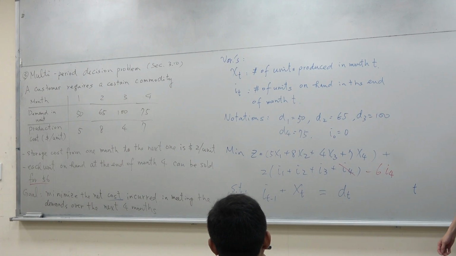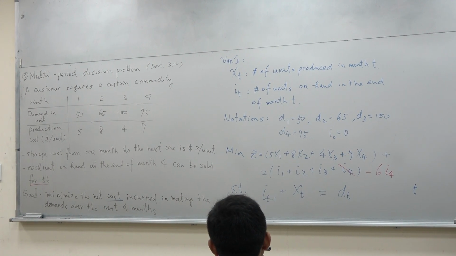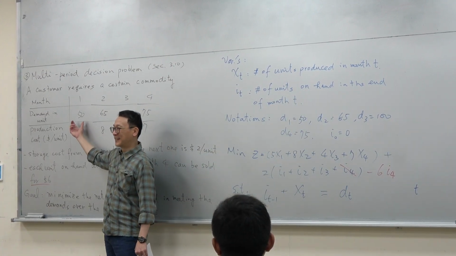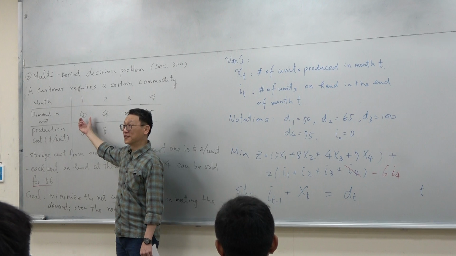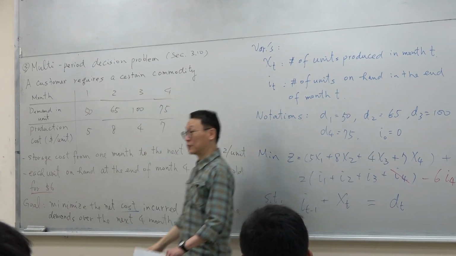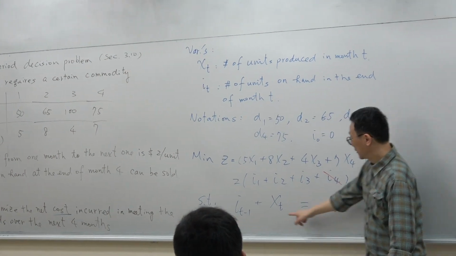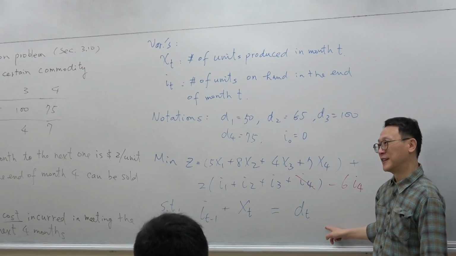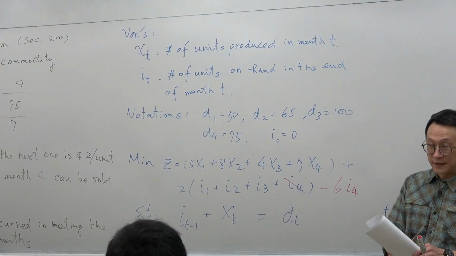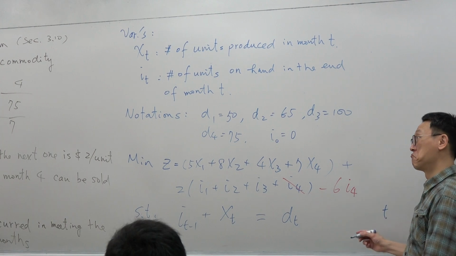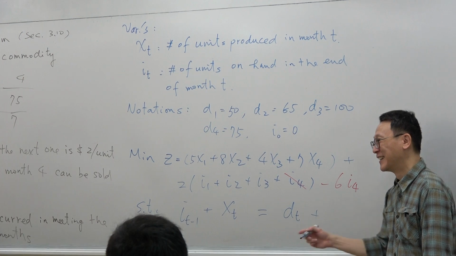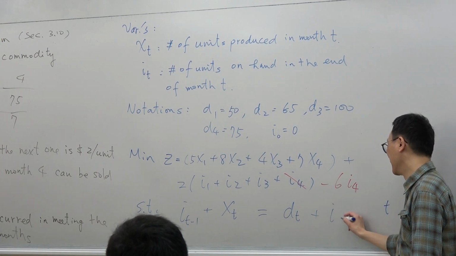Let's talk about another example. I can produce 60 units in the first period. So what happened? 60 minus 50, and the rest becomes inventory.